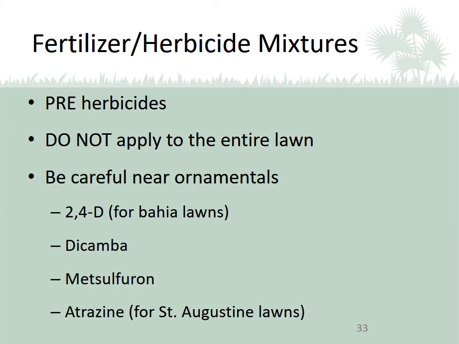So unfortunately for most homeowners, it's difficult to control those grassy weeds in a lawn, although there are products such as 2,4-D and atrazine that work very well on controlling the broadleaf weeds that you might find in your lawn.